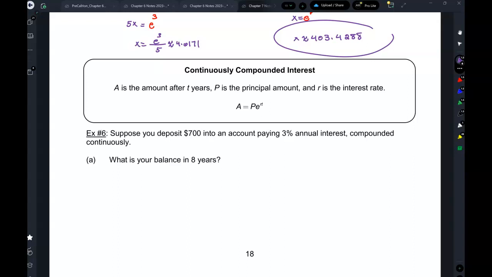Okay. Remember compound interest was A equals P times (1 plus r over n) to the power of nt. When that n turns out to be infinitely large, look at what that reminds you of.